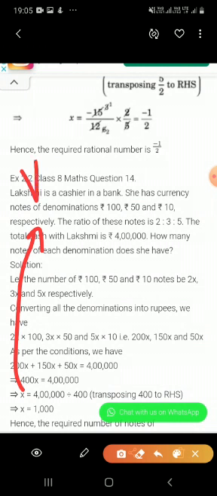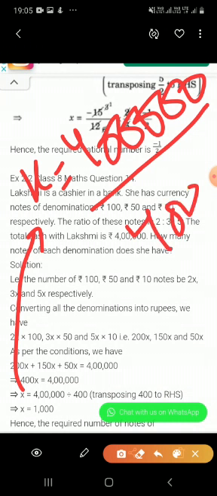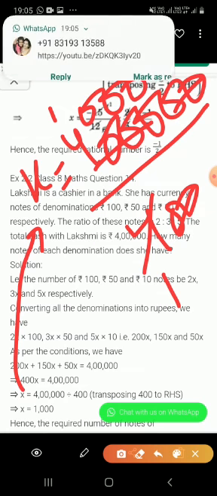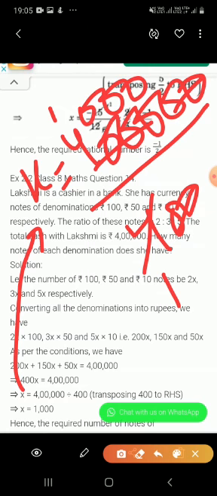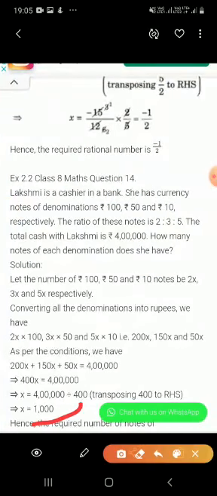So 400 will come down. x equal to 4 lakh upon 400. Zeros will cancel. 4 ones are 4, and how many zeros? 3 zeros. So our x value is coming out as 1000. x is coming out as 1000.